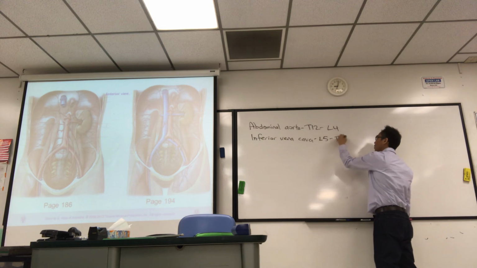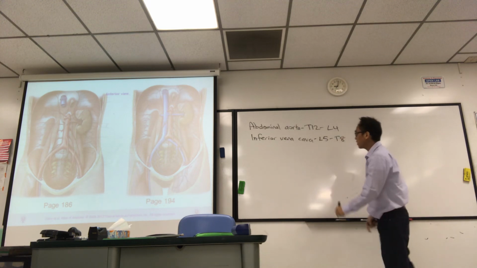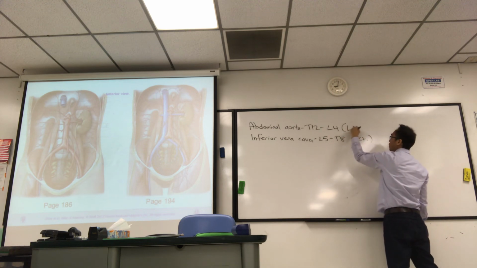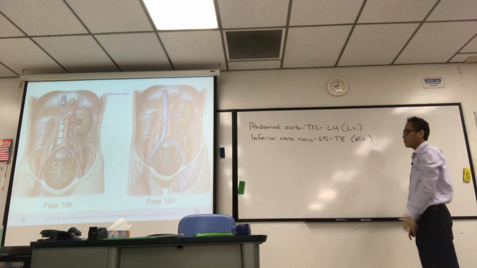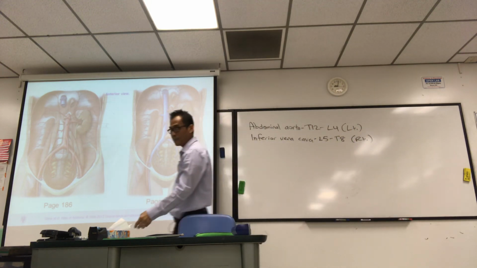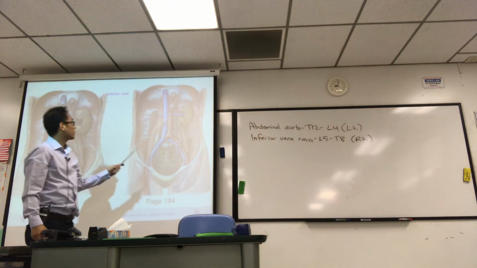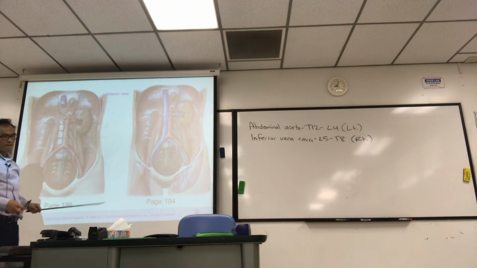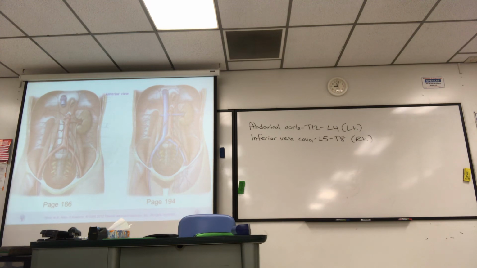So it's longer. The inferior vena cava is on the right, the abdominal aorta is on the left, and the inferior vena cava is longer simply because its opening in the diaphragm is higher up. Opening up there as opposed to down there. So by that fact alone, it's just longer by default.